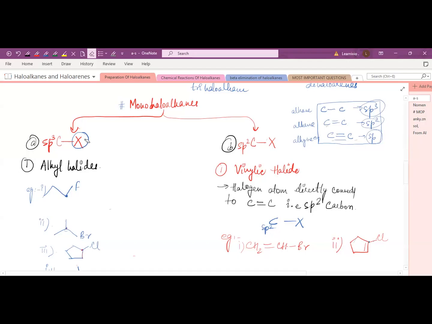First, the halogen atom is directly attached to an sp3 hybridized carbon. Second, the halogen group is attached to an sp2 hybridized carbon. We are talking about monohaloalkanes, so only one halogen group will be attached.